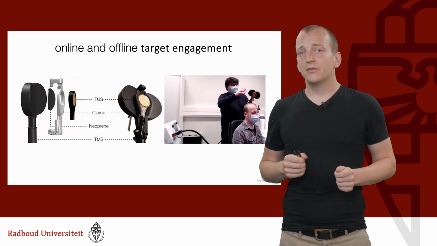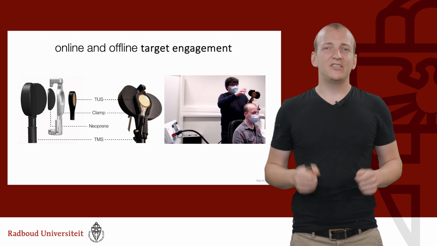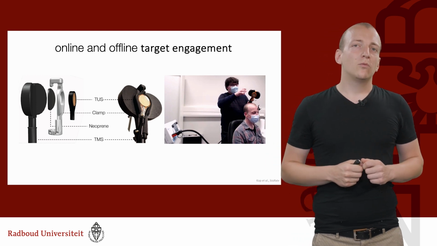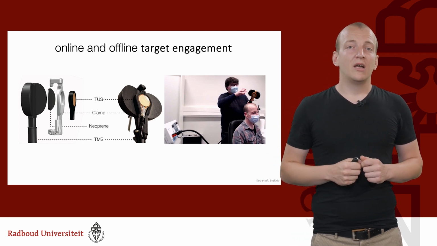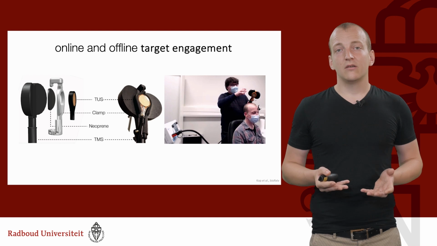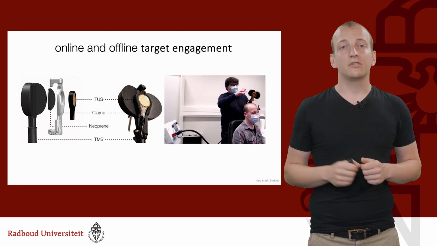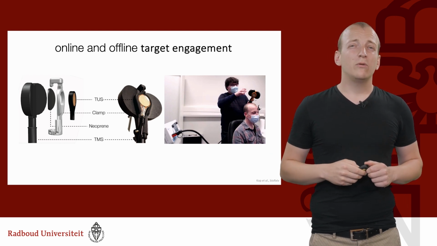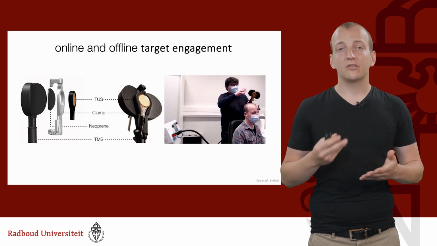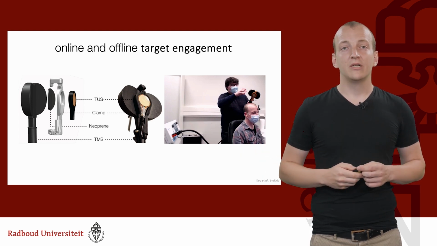So we know approximately how much energy is delivered, but what might be even more important is what is the effect on neural activation? How much of a change is there? And is it relatively stable across subjects? So what we would like is an idea of the target engagement. So how the target responds and how that leads to a change in behavior.